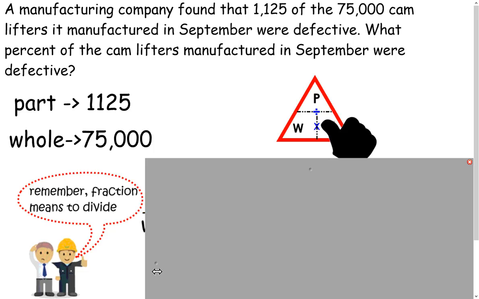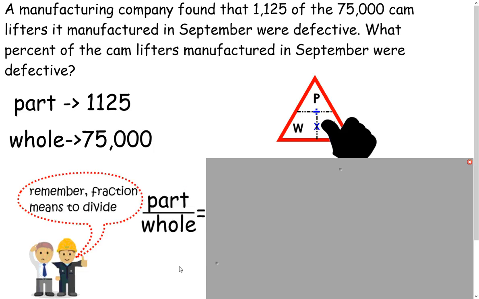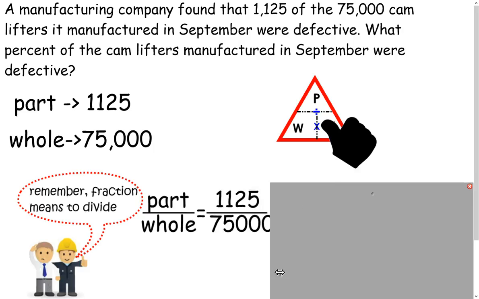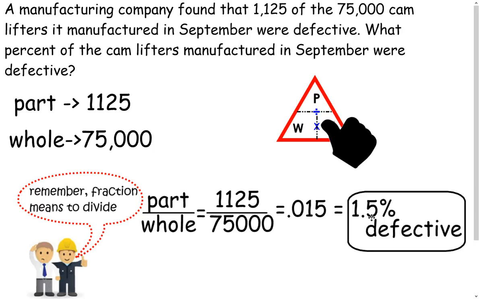Remember, when you have a fraction like this, it just means divide, part divided by whole. So we've got those two numbers divided by each other. You get 0.015. We're moving our decimal place over 1, 2, and we get 1.5% defective.